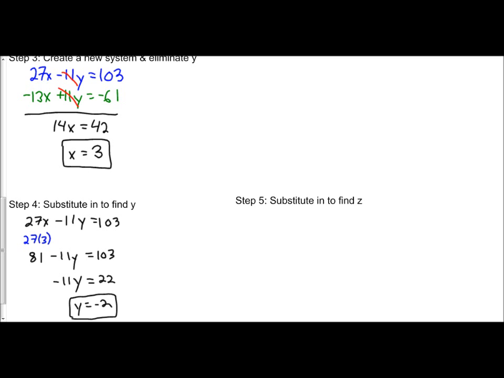I am going to use the last one that we had, which was negative 5x plus 3y minus z equals negative 17. I saw that x we found was a positive 3, so I'm going to have negative 5 times 3. My y was a negative 2, so 3 times negative 2.